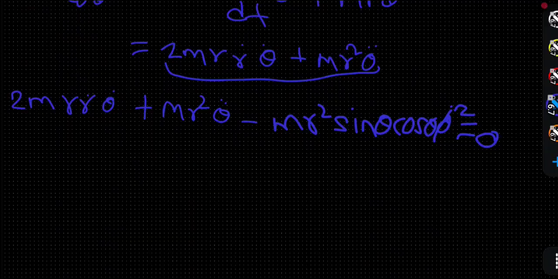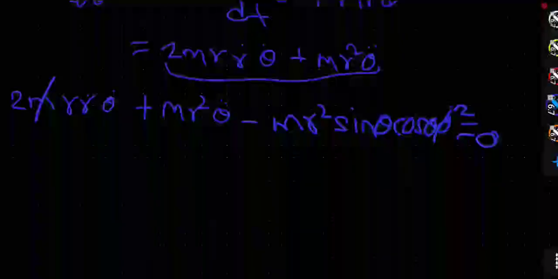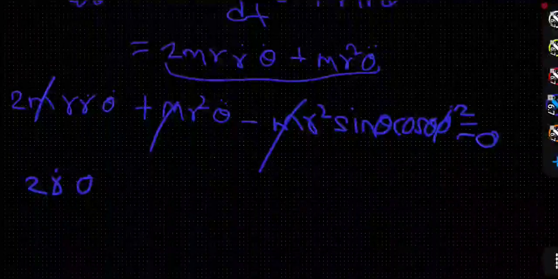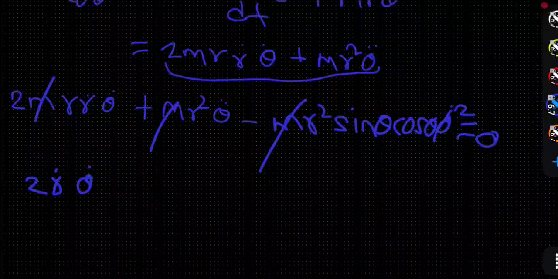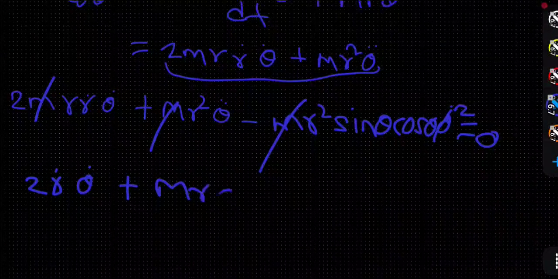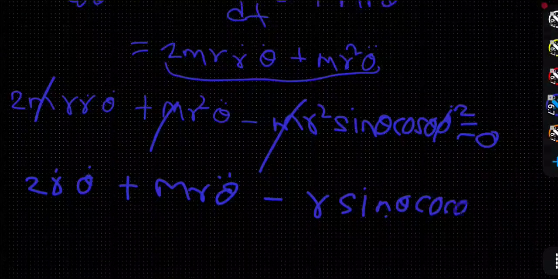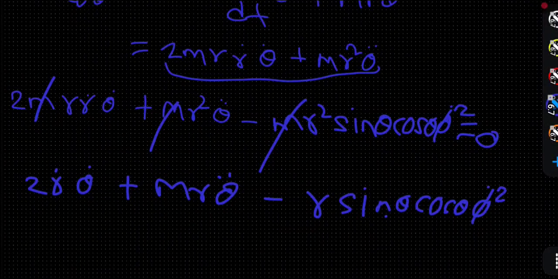Okay, so here let me cancel the mass term first. Mass will cut out, one r will cut out, and you are left with 2ṙθ̇ plus rθ̈ minus r sin θ cos θ φ̇² equals 0.